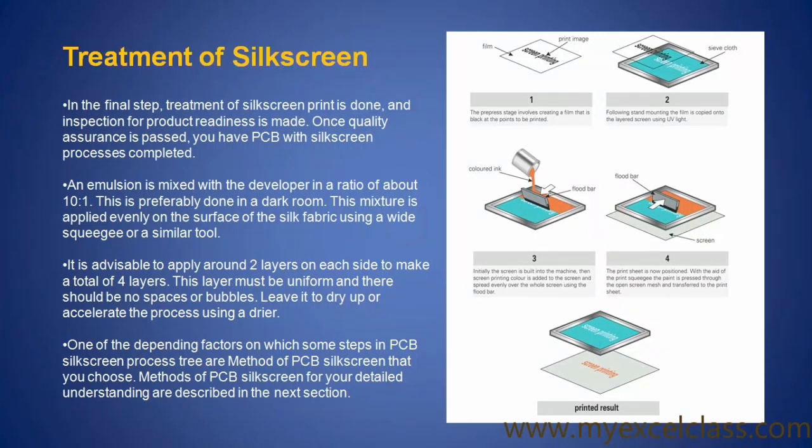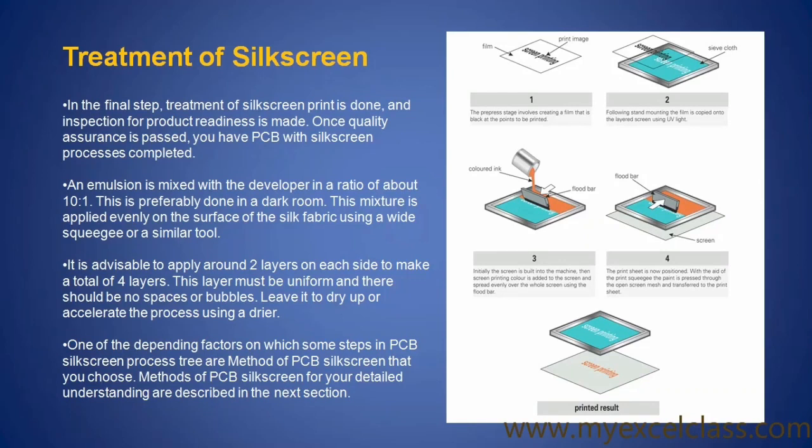This mixture is applied evenly on the surface of the silk screen fabric using a squeegee or similar tool. I already discussed what machine is used and how much time you put your PCB on this machine.